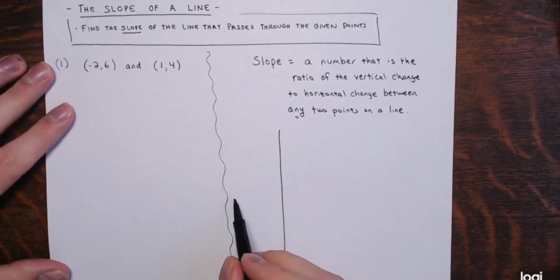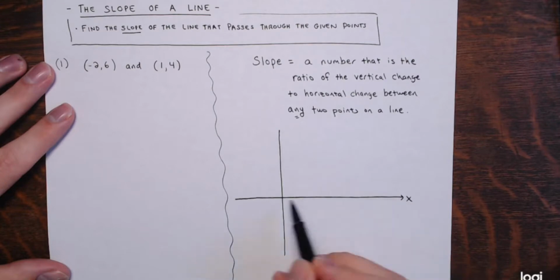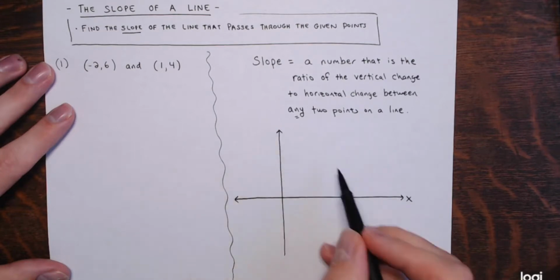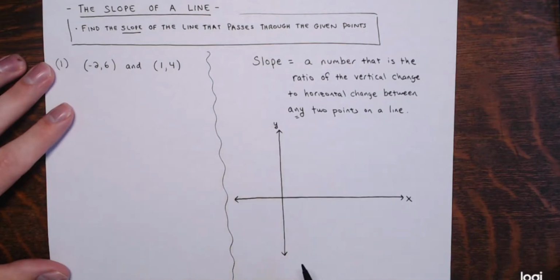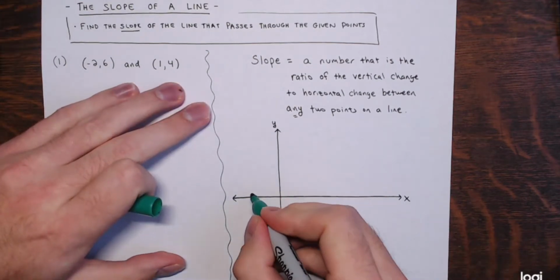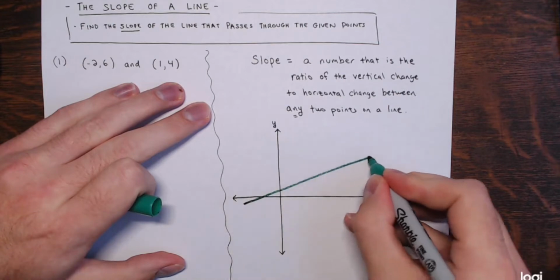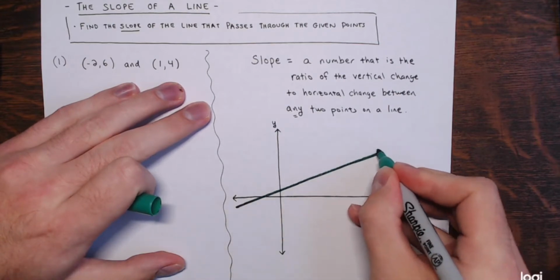to the horizontal change between any 2 points on the line. All right, so what I have drawn here is a rough XY coordinate plane. You got your x-axis, the horizontal axis, y-axis is vertical, and then if I draw just some line, here's a line right there, nice straight line of points on this coordinate plane.